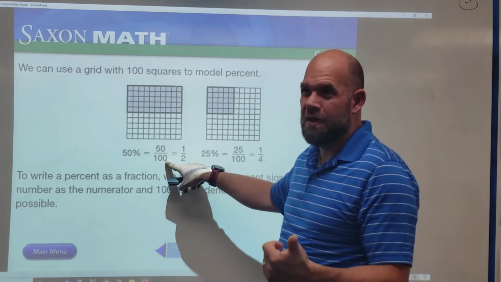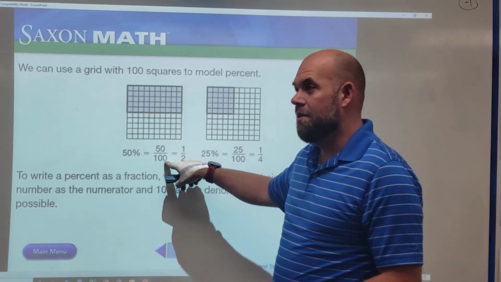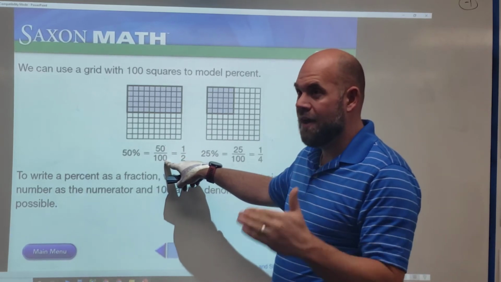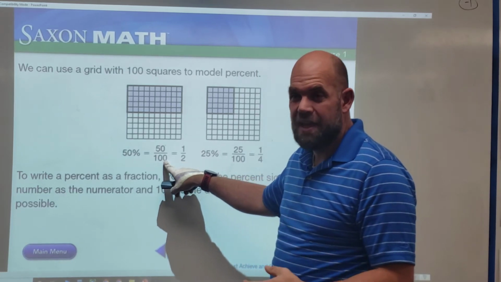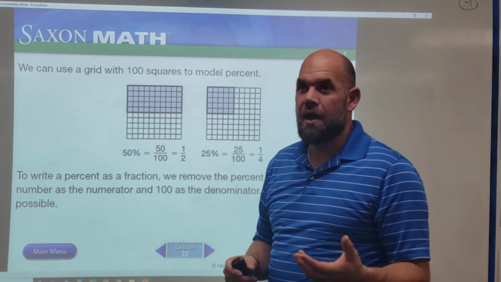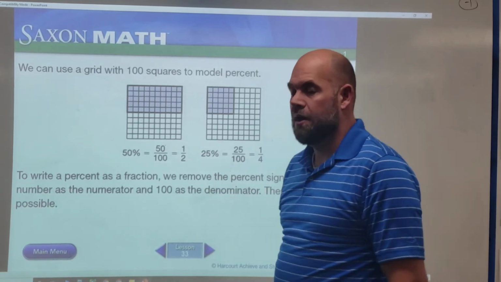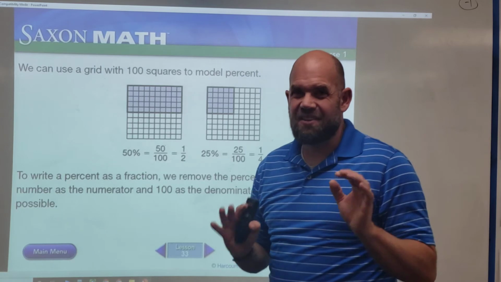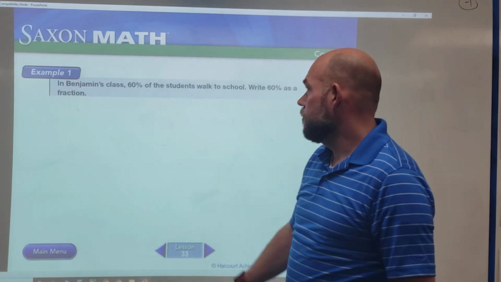Well, we know 25 and 50 are both multiples of 5, so now we can divide by 5. 25 divided by 5 is 5, and 50 divided by 5 is 10. Then we get 5 over 10. And at that point, we're like, oh yeah, 5 and 10, greatest common factor is 5, so we can just divide by 5. That's a lot of mental work to do, and that's why we're practicing.